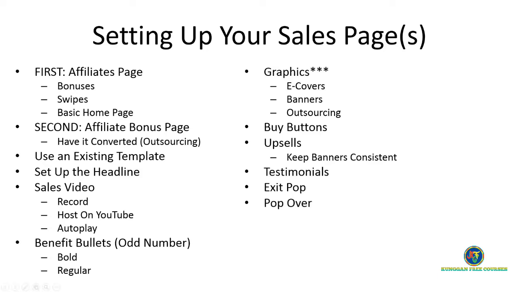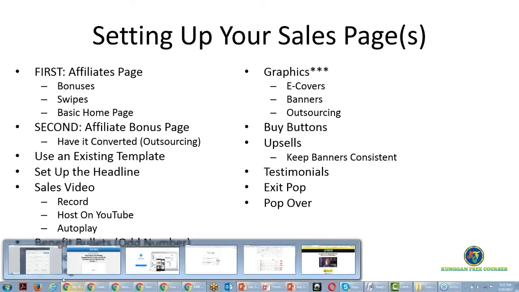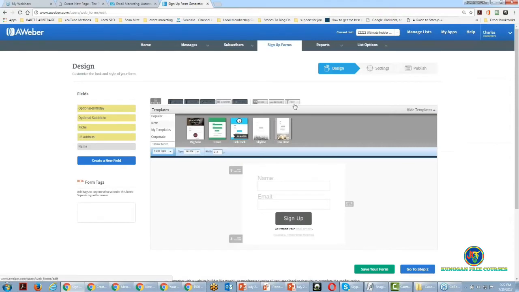There's also the popover, and I do want to show you this. Let's see if I can find the page here. Okay, so here's Aweber. And so what you want to do is use this setting in Aweber that says popover, lightbox, or pop-up.